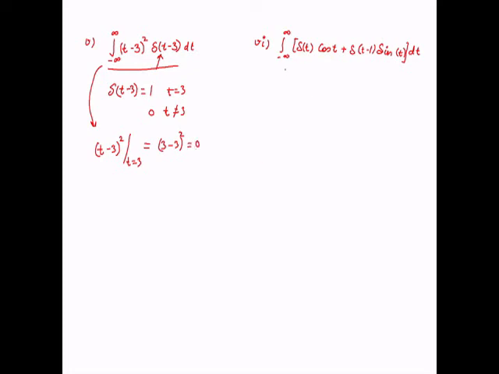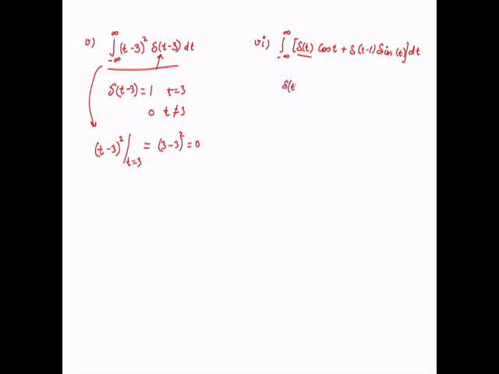In the same way we are having another question. That is the last question. So this is delta t multiplied by cos t plus delta t minus 1 sin t. So there is a trigonometrical representation. So we have to define delta t first.